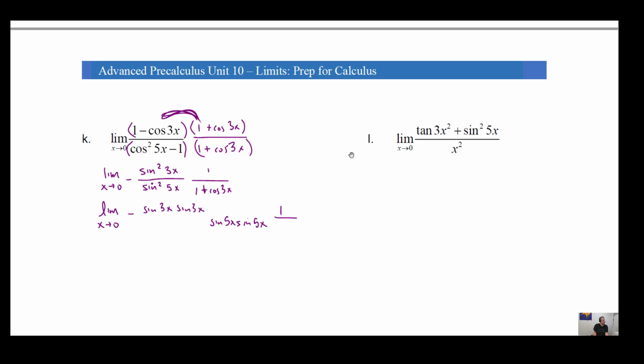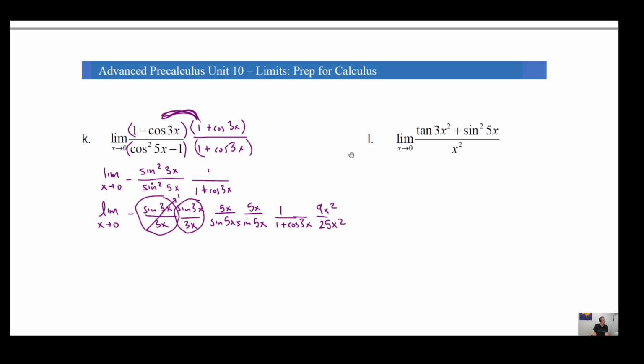And then that cute little 1 over 1 plus cosine 3x. So as I do my correction factors, I'll put a 3x there and a 3x there. There's my compensation. I'll put a 5x there and a 5x there. There's some more compensation. And I get some great simplification now.